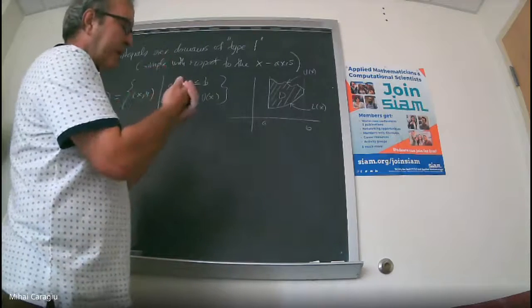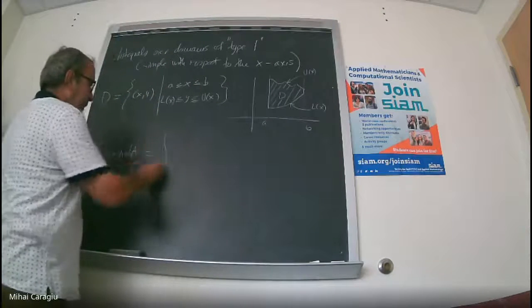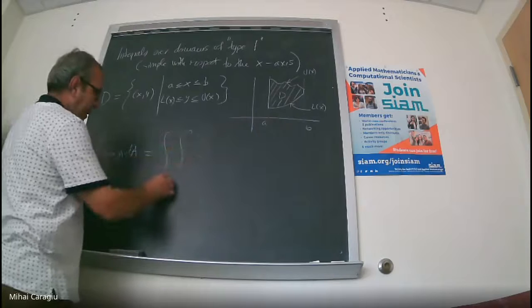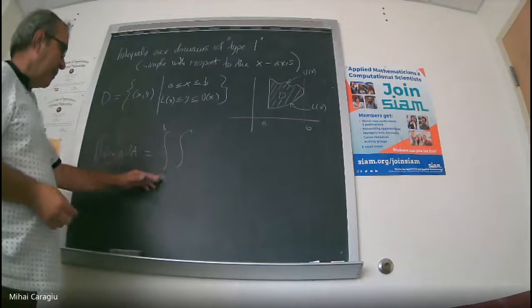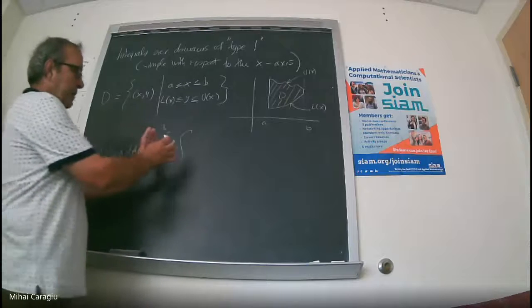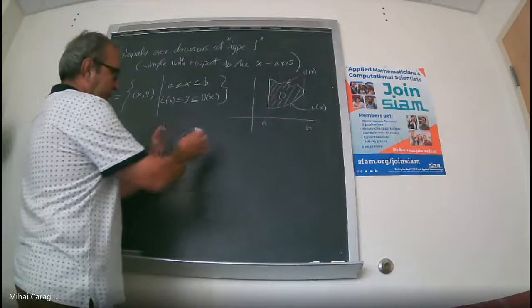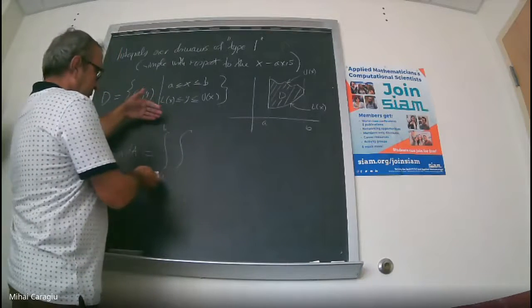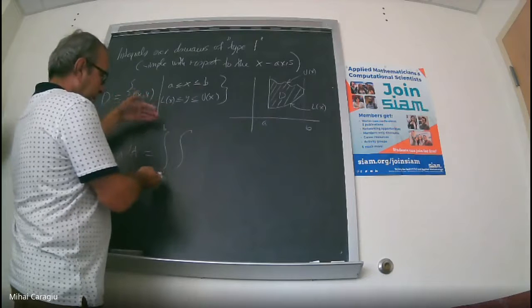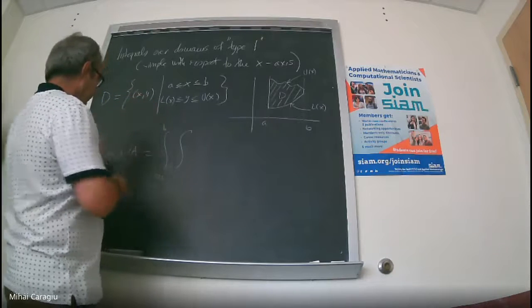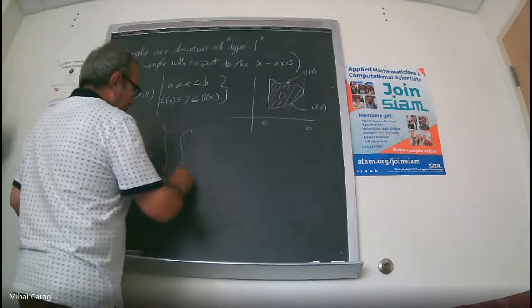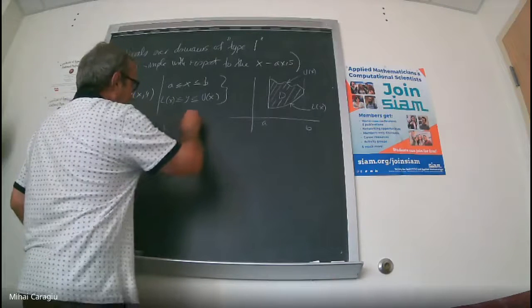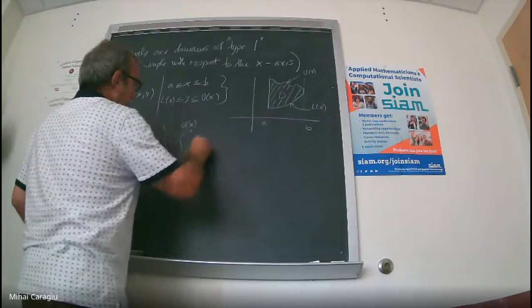The last calculation will be an integral from a to b, which produces a number as it should. So the integral from a to b, integral from low of x to u of x, of f of x and y.